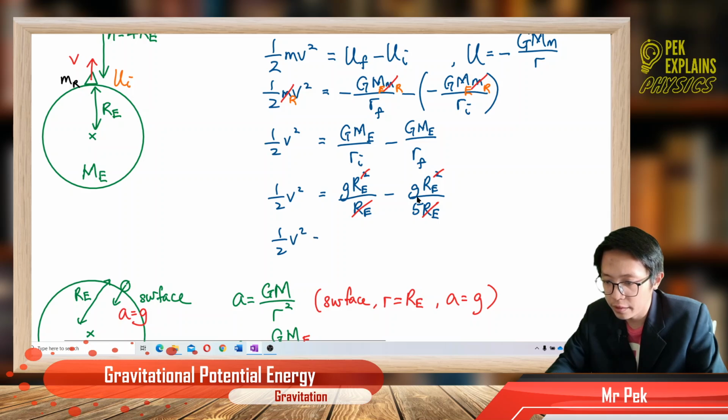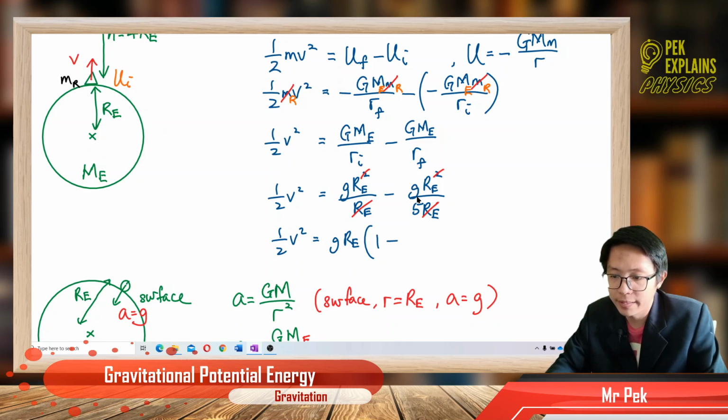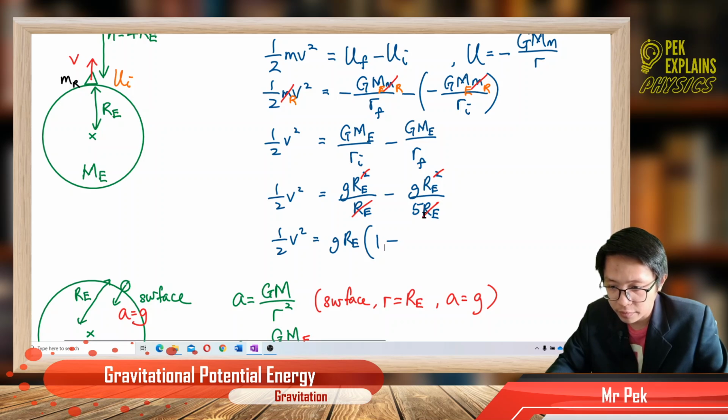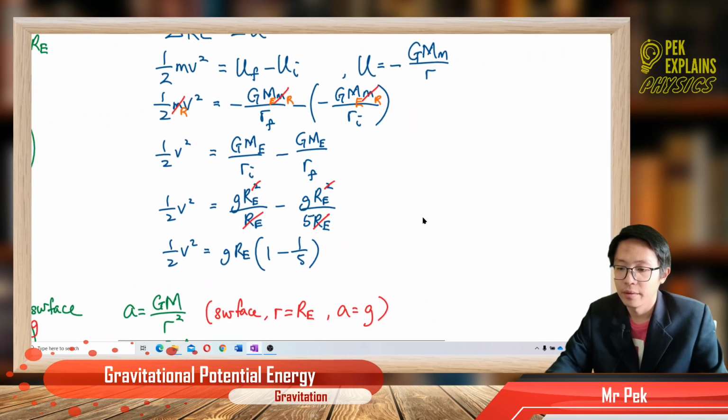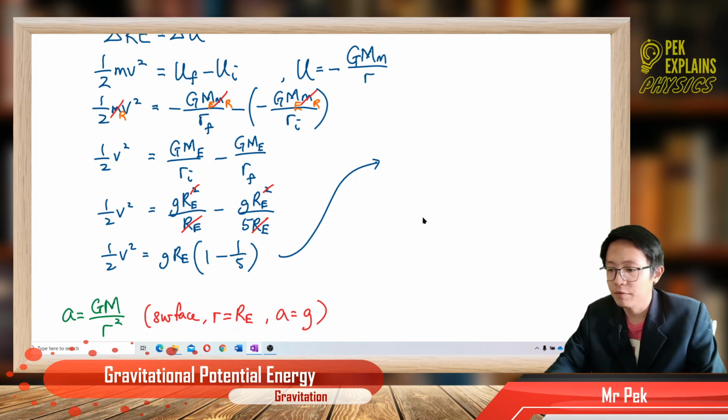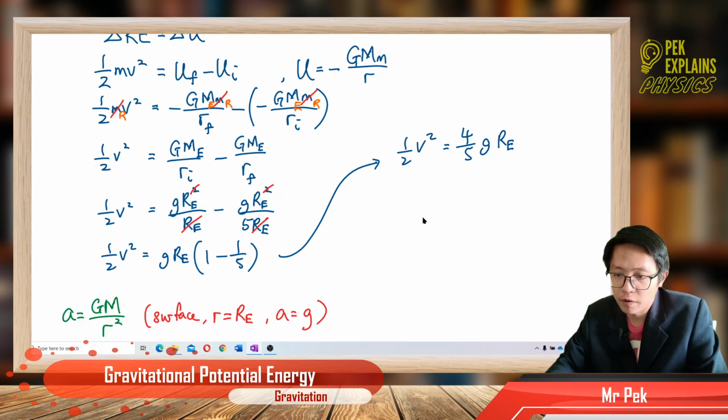Half v squared equals g R_E, and what is left is 1 minus 1 over 5. So after that, half v squared is equal to 4 over 5 g R_E. So we can find v.